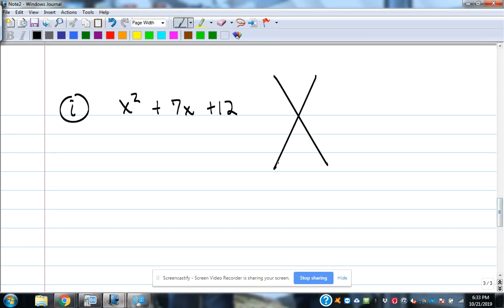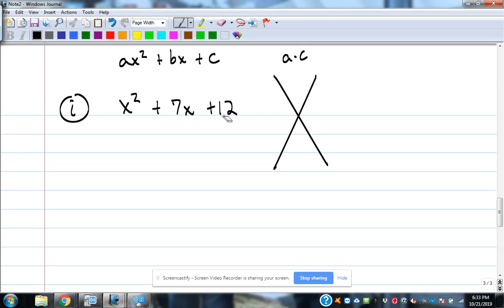So when you're dealing with a 3-termed problem to factor, A is the number that's in front of x squared. C is the number that's on the end. When you're doing the X method, you want to multiply A times C to get the top number that goes in this little area here.